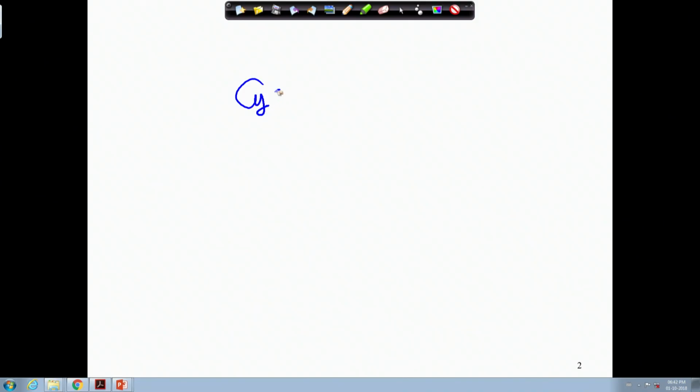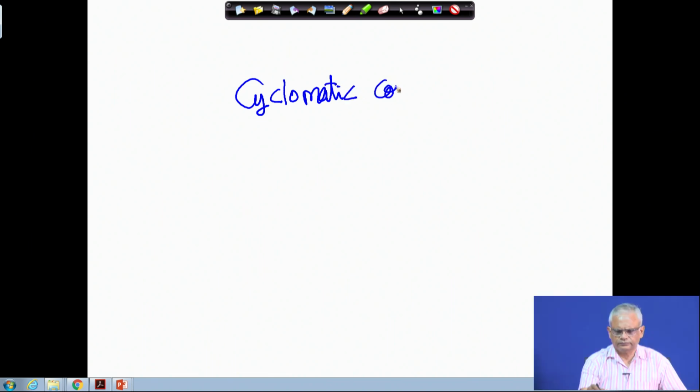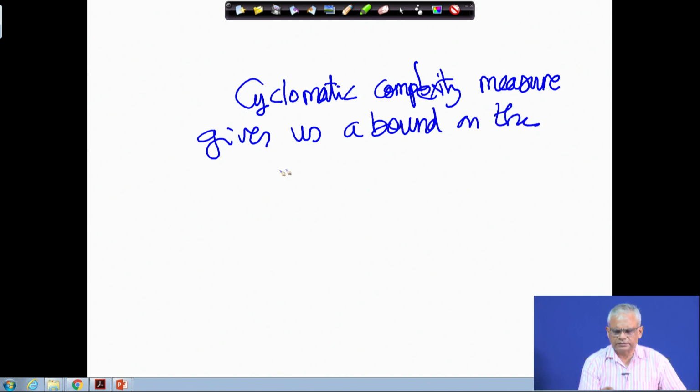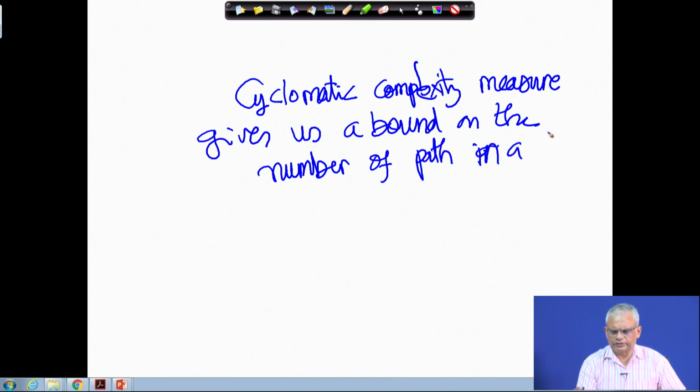Cyclomatic complexity measure gives us a bound on the number of paths in a code segment, in a code, and it is easy to compute.